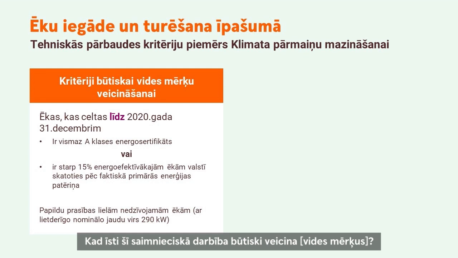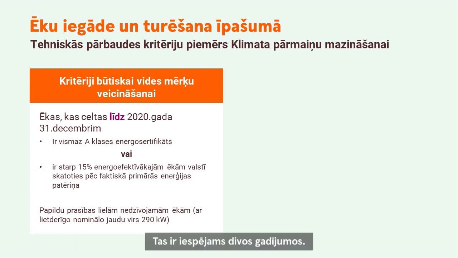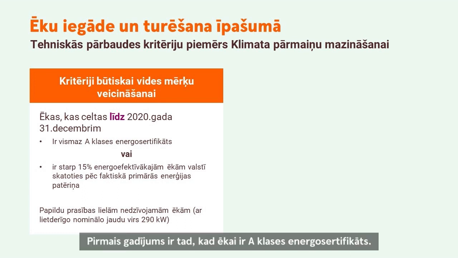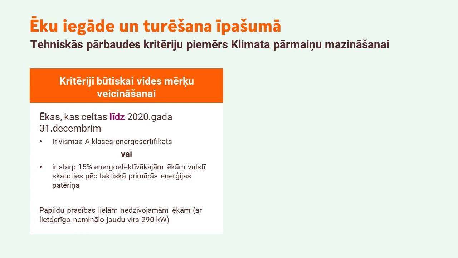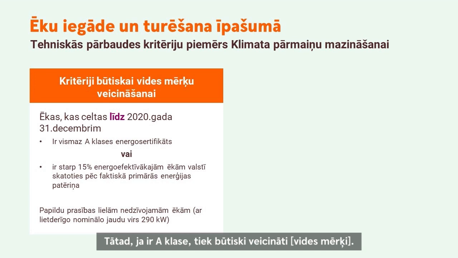But when is this activity substantially contributing? That is possible in 2 different ways. The first way is that the building has an energy performance certificate of A. So if you have A, then you are substantially contributing.